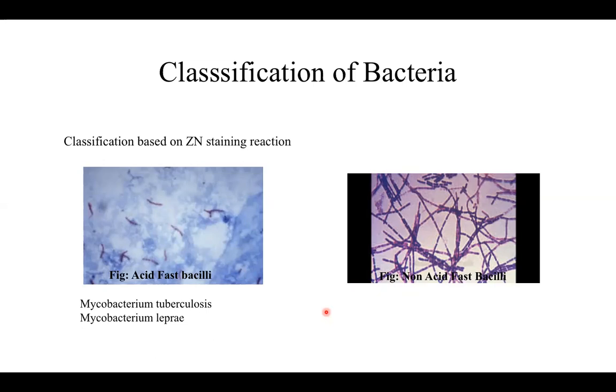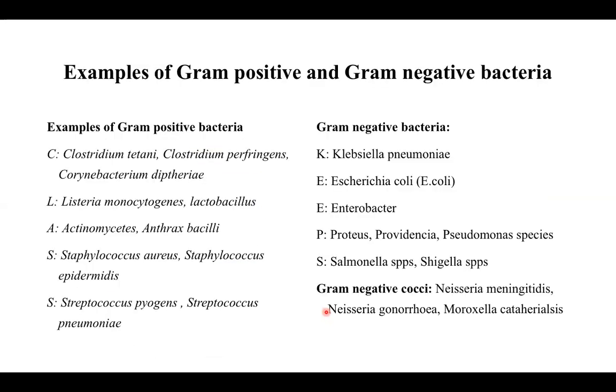We can say Corynebacterium diphtheriae because it is a less acid-fast bacteria. We can say Bacillus anthracis, or all the groups of bacteria except Mycobacterium tuberculosis, Mycobacterium leprae, and Corynebacterium diphtheriae, are the non-acid-fast bacteria.